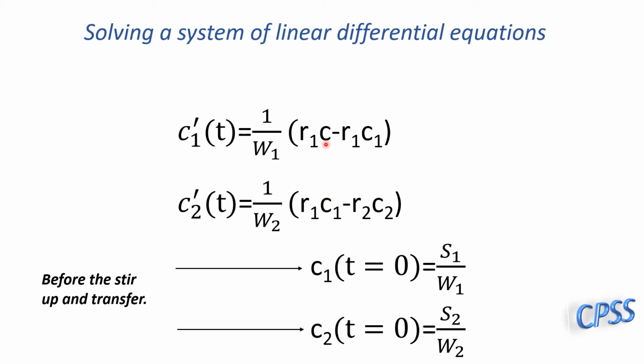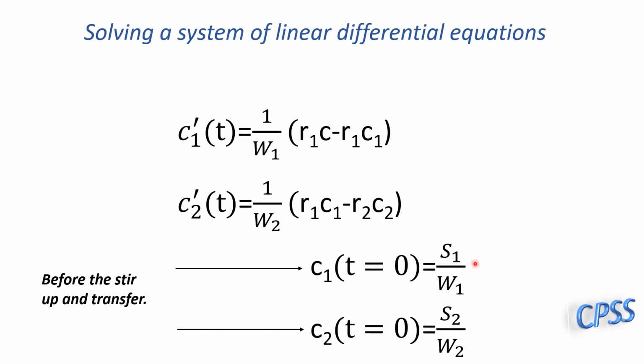Initially in the first equation we have a C that can be anything from outside coming into the first tank, because it initially starts with S1 over W1, versus something going out, which is S1 over W1. Typically, what models the rate of change and transfer of tanks is what's coming in and what's going out. And the coupling is what's coming in and what's going out. So this is a coupled first order differential equation that has to be solved.